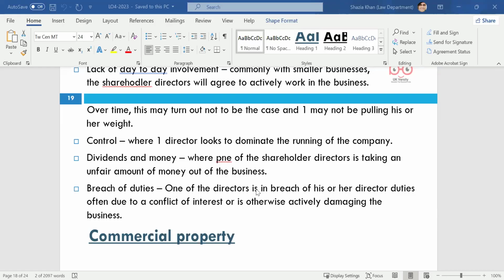It's really important to prevent this kind of thing occurring, that directors establish a governance framework, where they implement clear rules and procedures for directors, and define their roles and responsibilities.